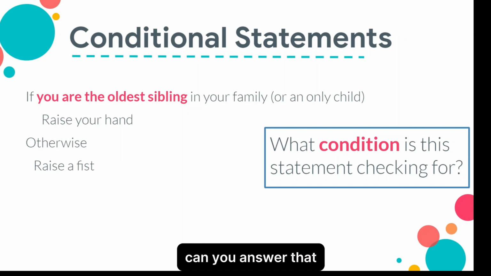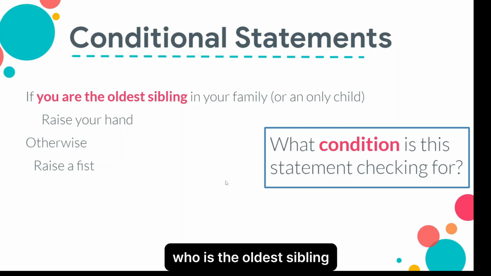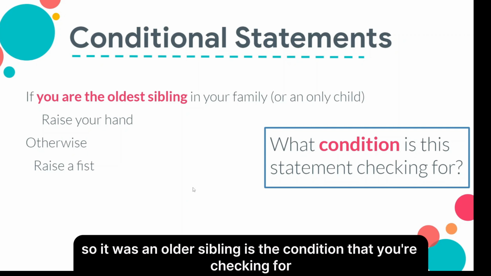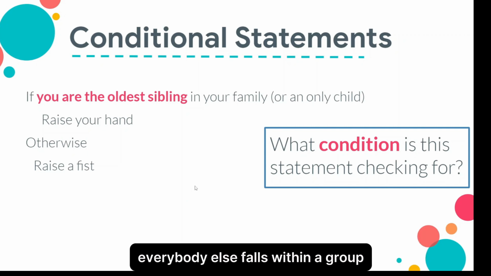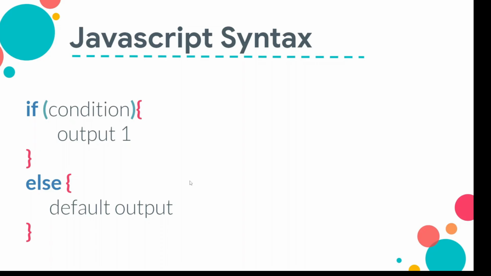Of course you can answer that, because the condition is checking for who is the oldest sibling and who isn't. Everybody else falls within the other group. If they're the middle child or the last child, they all fall within that group.